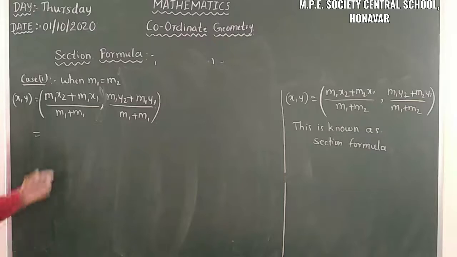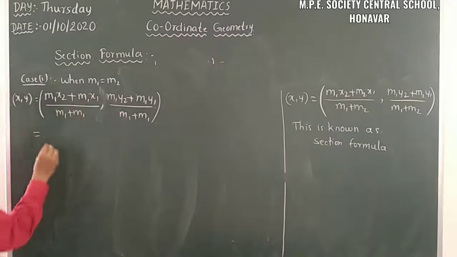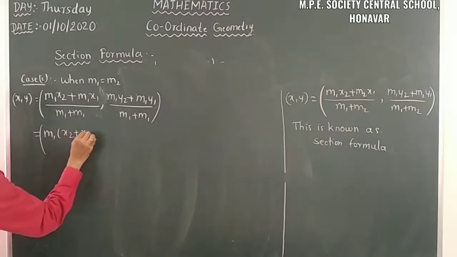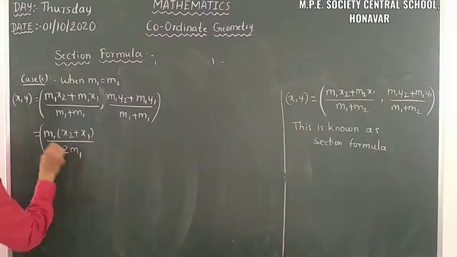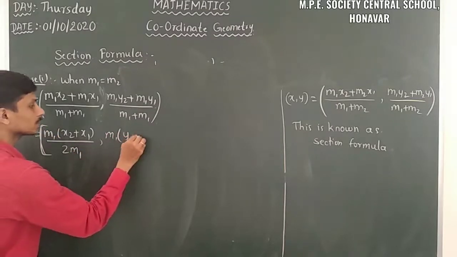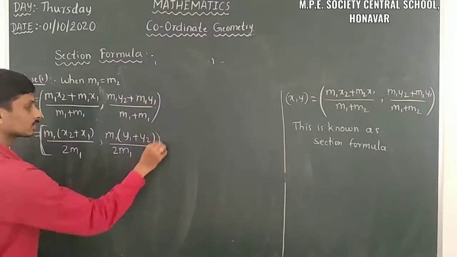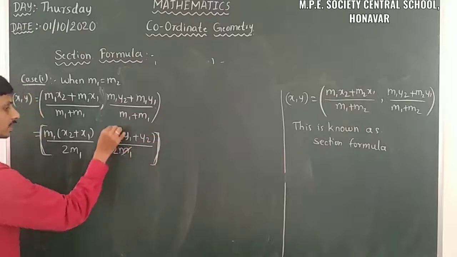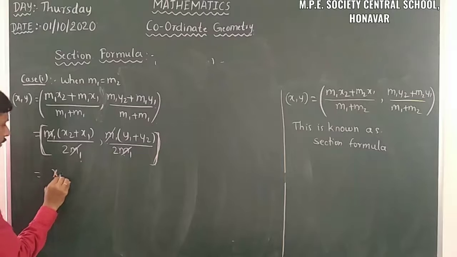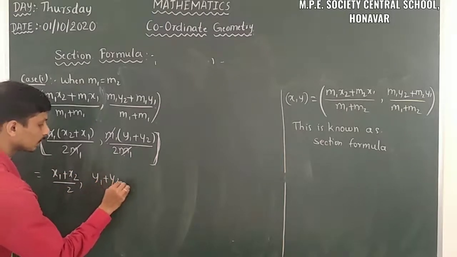Then we have to take out m1 from both these cases. So let us take out m1 here: x2 plus x1 divided by 2m1. Then here, when we take out m1, y1 plus y2 divided by 2m1. So that means here we can cancel out these two things. So what happens here? x1 plus x2 divided by 2 and y1 plus y2 divided by 2.